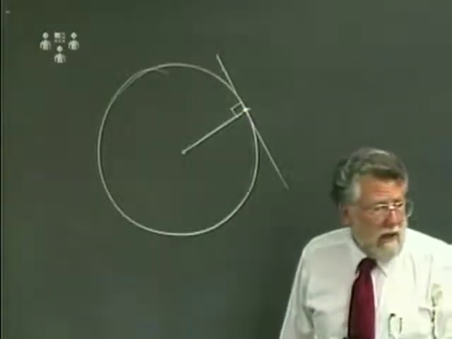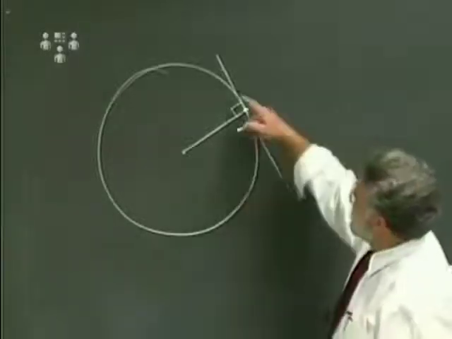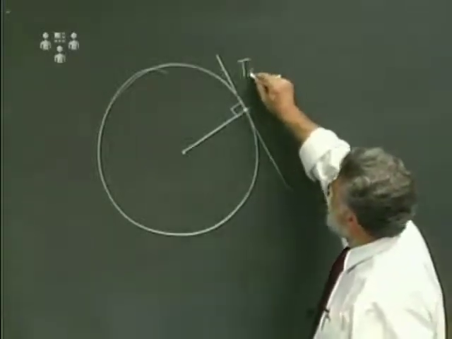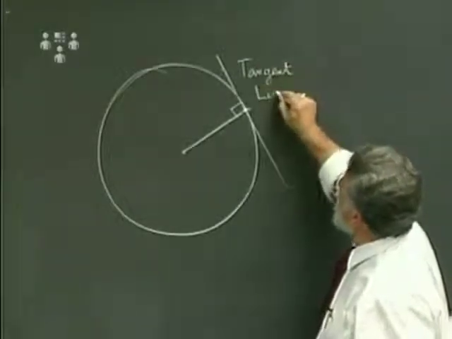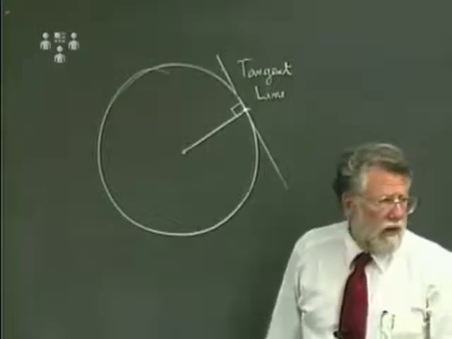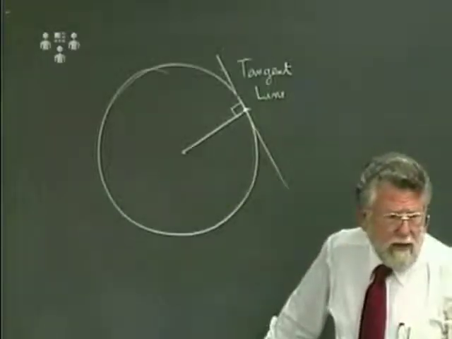That is called the tangent line to the circle. So this line I drew, touching the circle in only one place, is referred to as a tangent line. And it happens to be perpendicular to the radius.